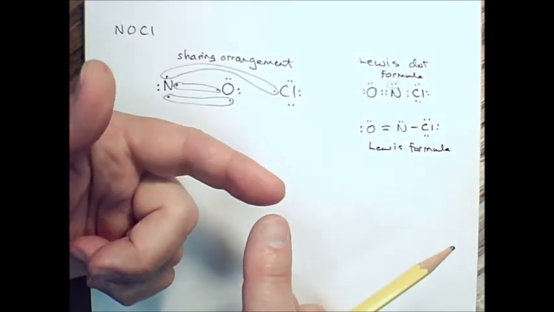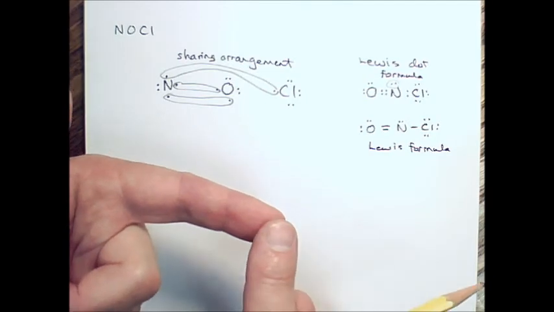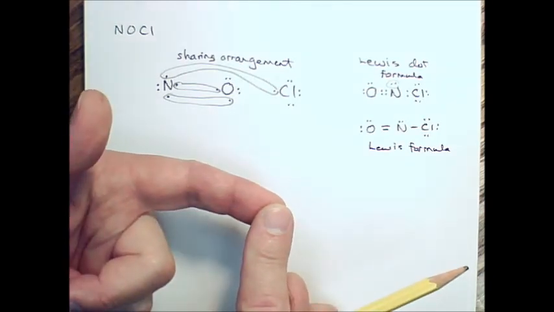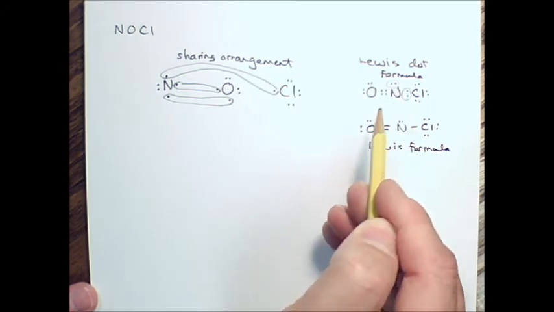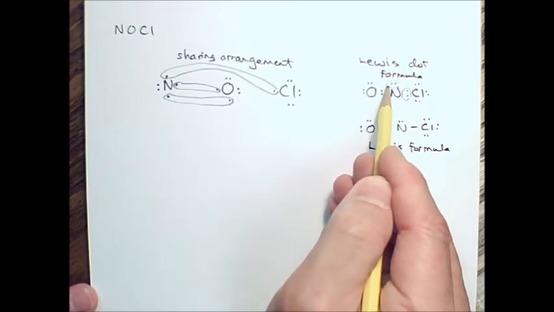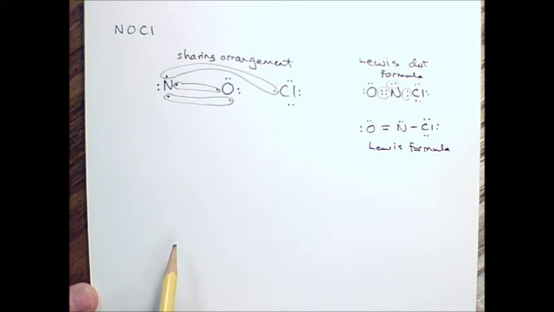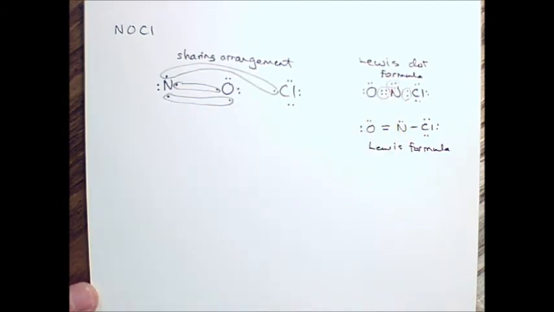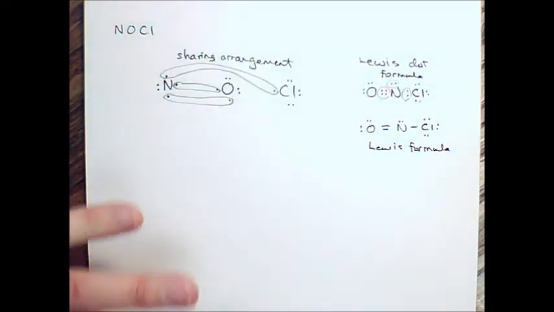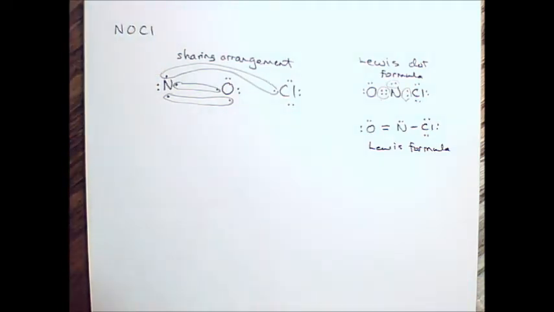Another thing that makes up a set is all the electrons shared between two atoms. In this case I have 4 electrons shared between those two atoms. So that's a set, and that's a set. That makes sense? So what I want then is a three-dimensional shape that's going to get those 3 sets as far apart as I can get them in three-dimensional space.